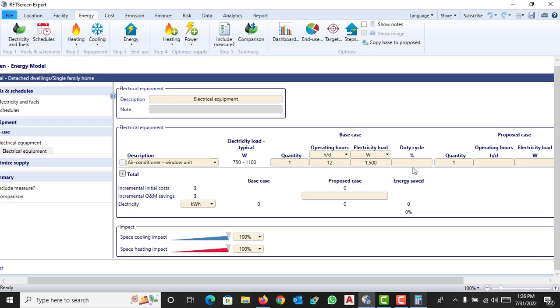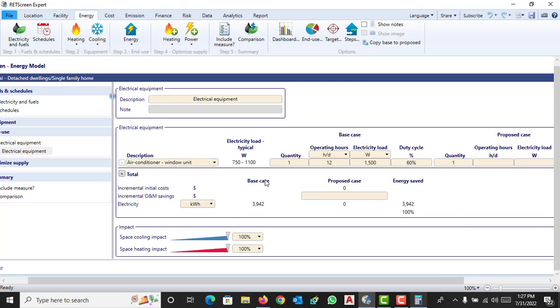Like you just use it for 1 hour, then it is turned off for 2 hours, then again you turn it on for 4 hours, then turn it off for 1 hour. That's the duty cycle. So I will put it at 60% here. If your AC is continuously on for 12 hours, then you can put it at 100%. So let's start from 60%.